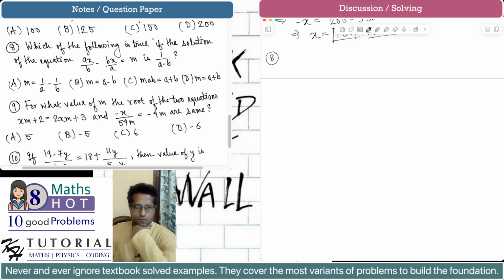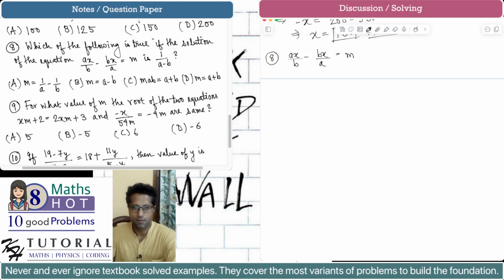Solution means if you solve the given equation, the value of x that you will get is the solution or root of the given equation. So the given equation is ax by b minus bx by a is equal to m.